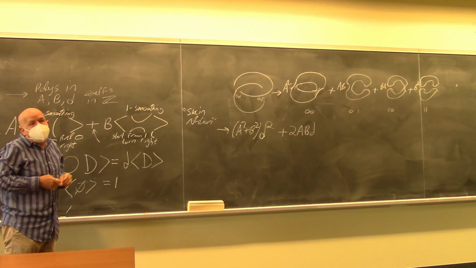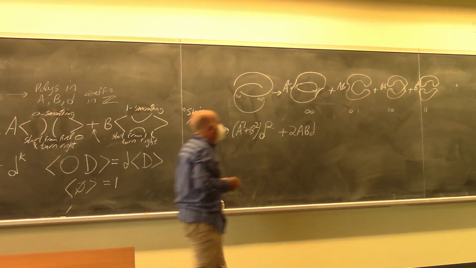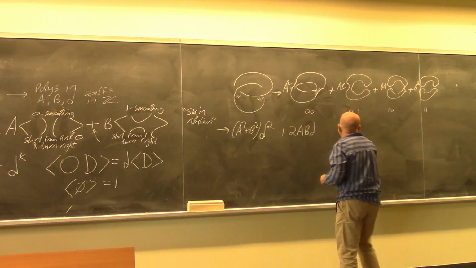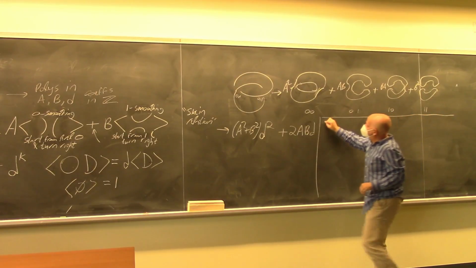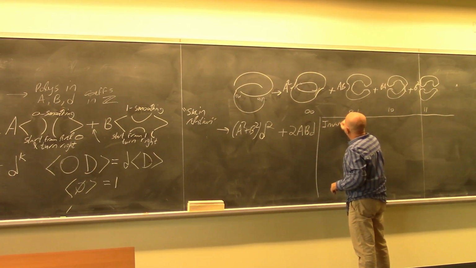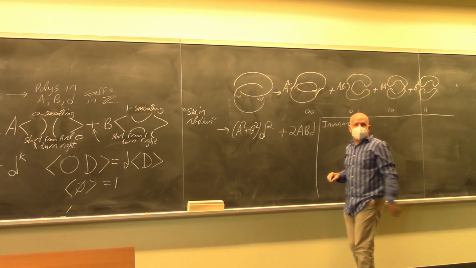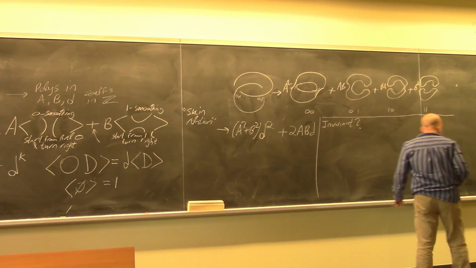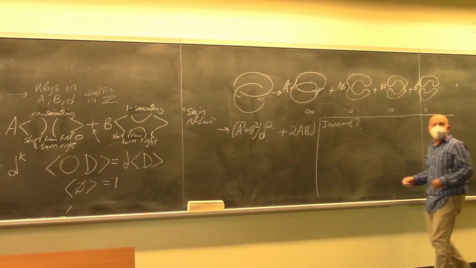Well, is it an invariant? So the next question is, is this an invariant? And the right order by which to check the Reidemeister moves turns out to be not what you think.